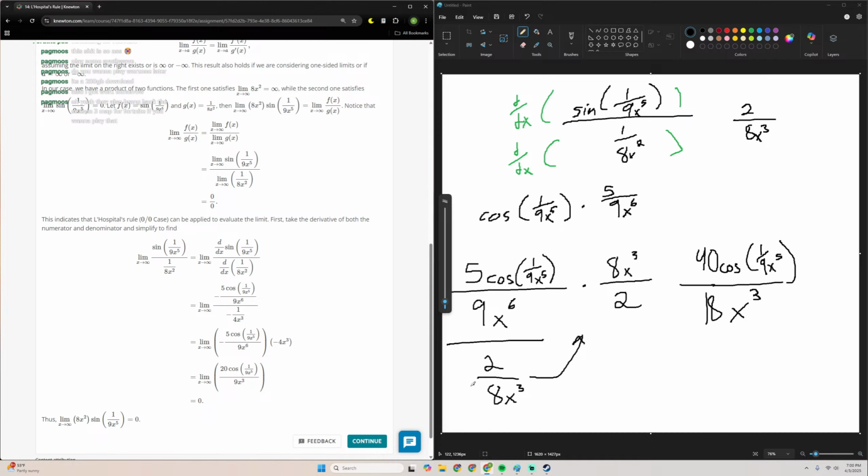Oh, but this is supposed to be negative. Whoops. Yeah, that's supposed to be negative. This is supposed to be times negative, which would have made this one into a negative. I don't know which one would have been negative. Oh, one of these was also negative too.